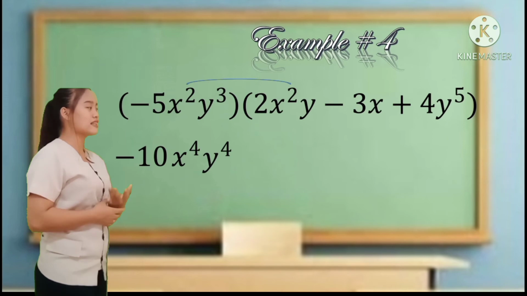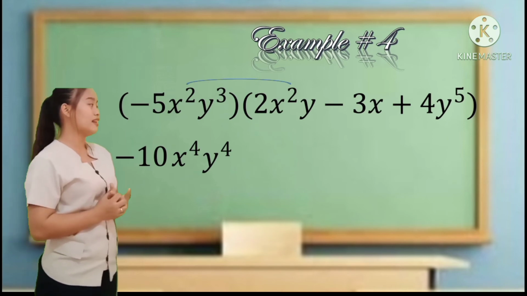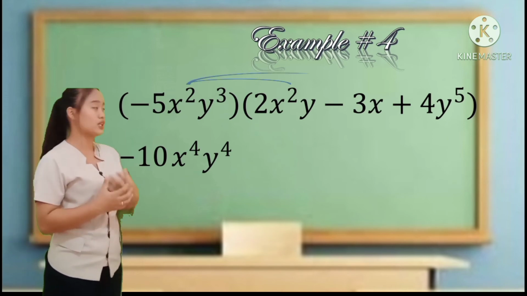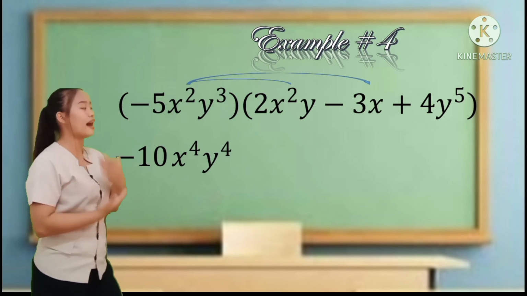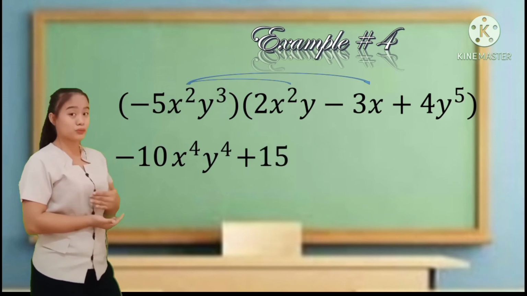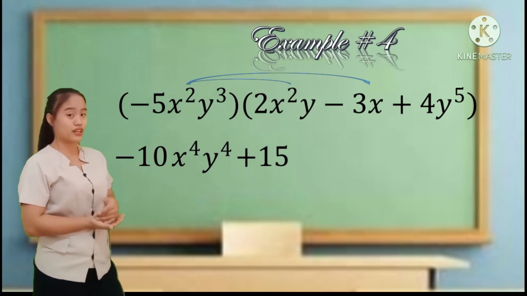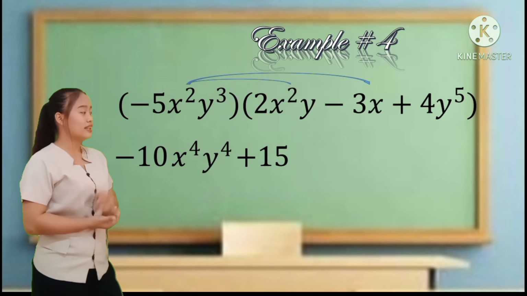Next, let's distribute negative 5x squared y cubed to negative 3x. Just multiply the coefficients: negative 5 multiplied by negative 3 is equal to positive 15.